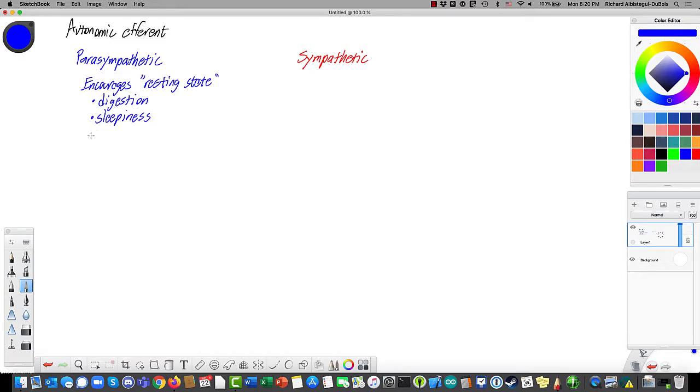It's characterized by generally a decrease in blood pressure and heart rate. You generally get a level of pupillary constriction. You may get some level of airway constriction.